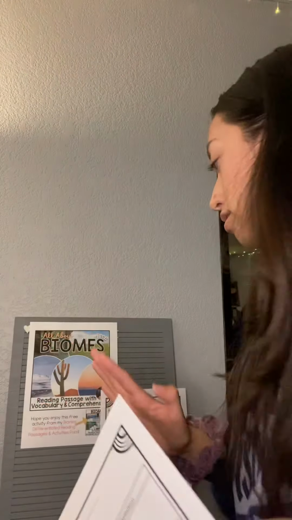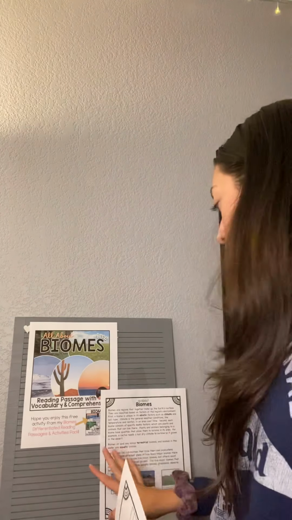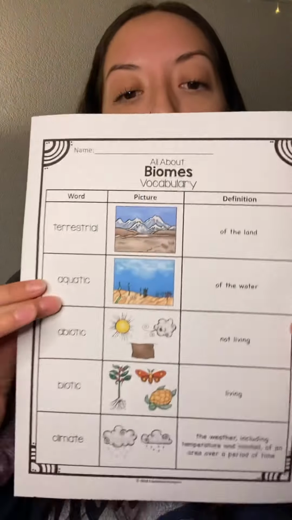What I really like about this worksheet is that all of the answers are in the text. So as long as they read it and pay attention, they will have it, and it'll also be good at assessing their comprehension. So this is an example of how it would look.